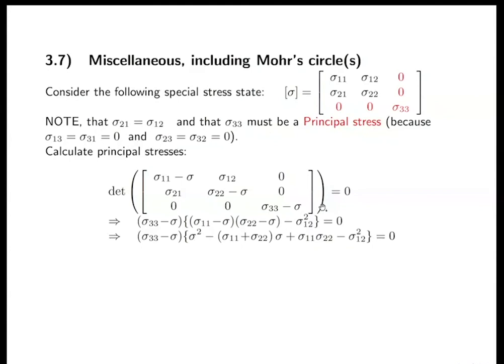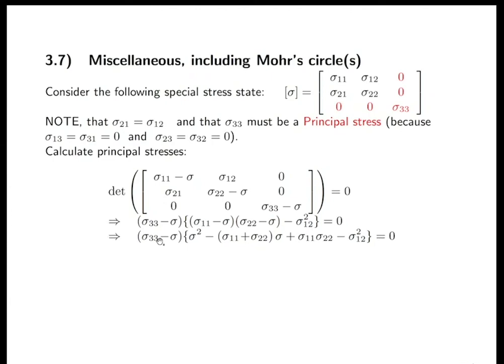Now, the linear algebra way of calculating the principal stresses, this is a repetition and rewriting at the same time, is taking the determinant of the stress tensor minus sigma, which is the unknown we want to find, and the zeros we take from the example case above. The characteristic equation then has a factor sigma 3,3 minus sigma, which is coming from here, and it has a quadratic term which is coming from the two-dimensional subspace tensor.